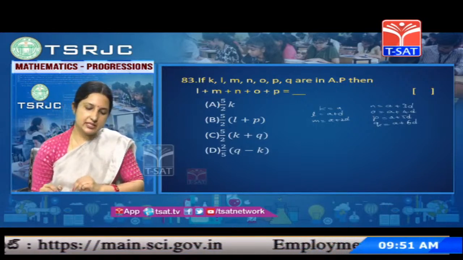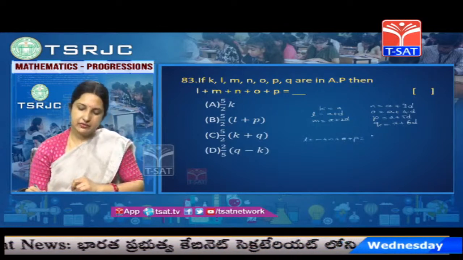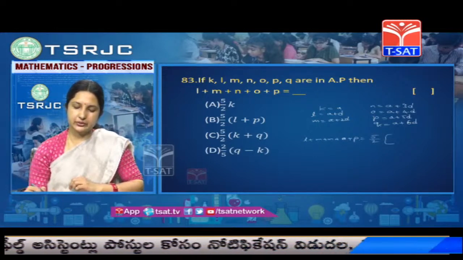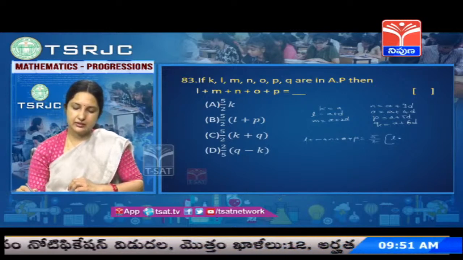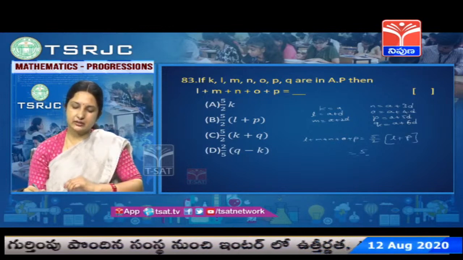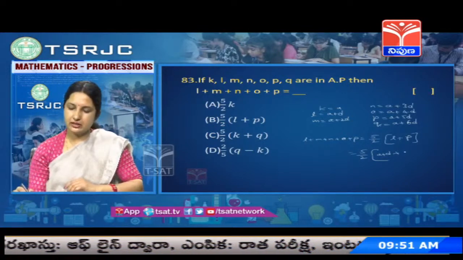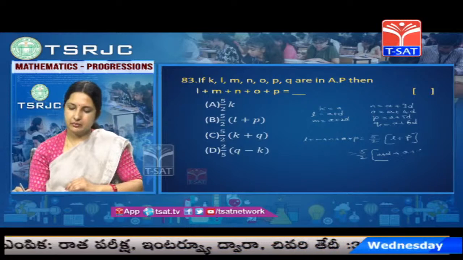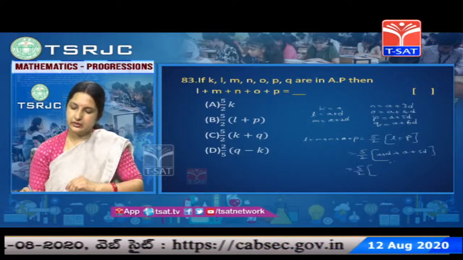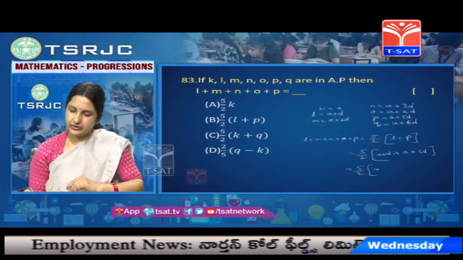అప్పుడు మనము L plus M plus N plus O plus P కనుక్కోవాలి. సో ఇవేంటమ్మా? 5 by 2 into how many terms are there? 5 terms are there. 5 by 2 into first term is what? L, plus last term is what? P. L means A plus D, P means A plus 5D. So 5 by 2 into A plus A, 2A plus 6D, no?